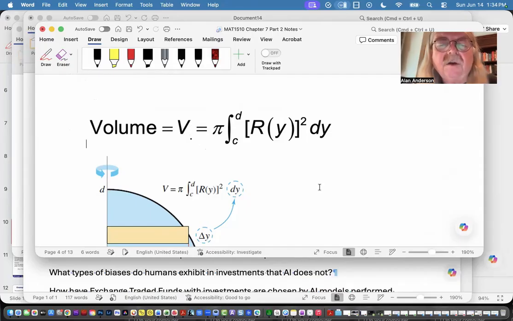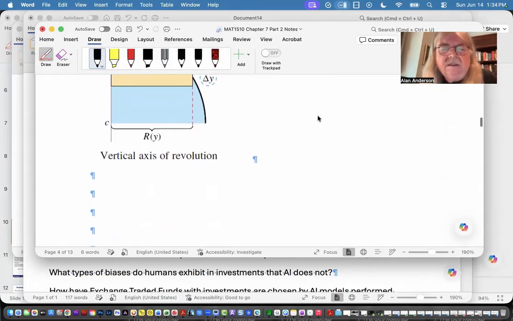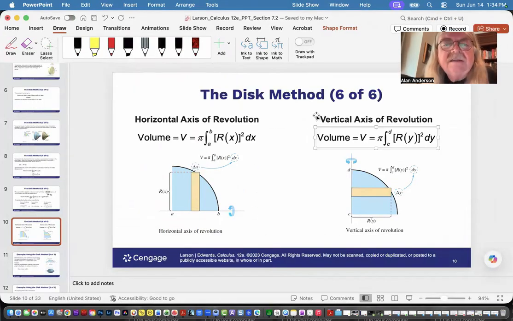All right. So again, we have different limits of integration, and everything is in terms of y. But it's the same process. Okay. All right. Let's see what examples they have.